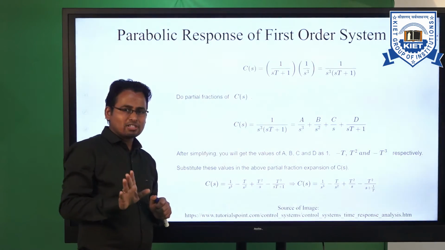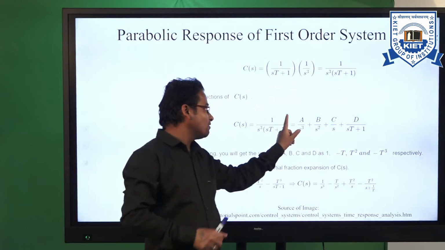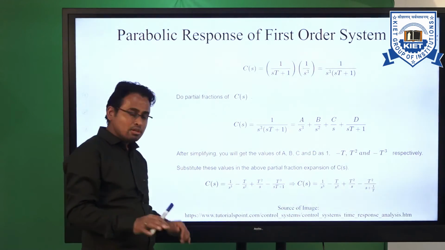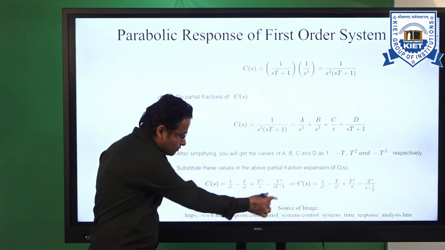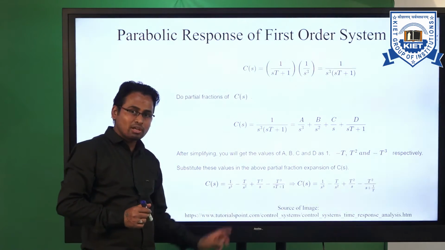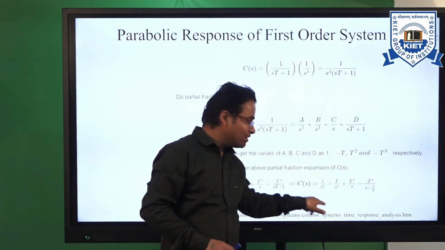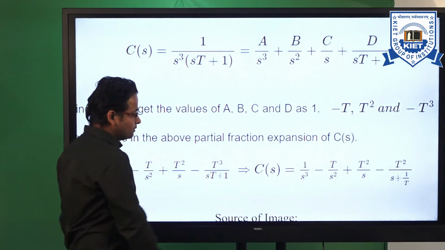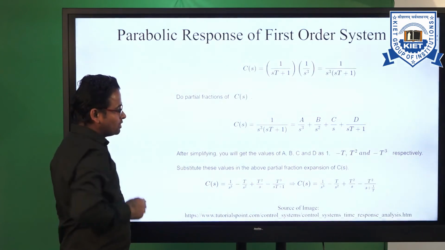You know about the partial fraction, so we have to apply it and calculate the values of A, B, C, D. After calculating all the values, we are getting this particular term C(s) equal to 1 by s cube minus T by s square and so on. Clear? After simplification we will get the last term. Now come to the next. Take the inverse.